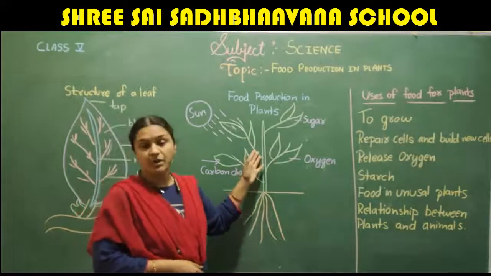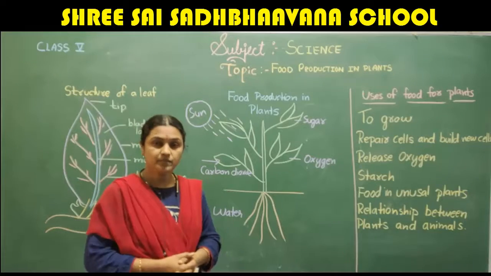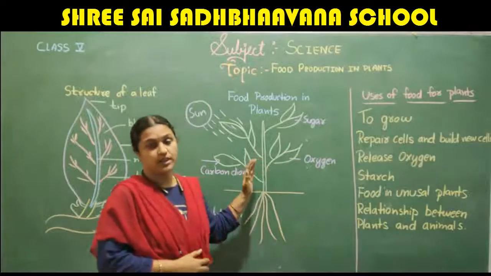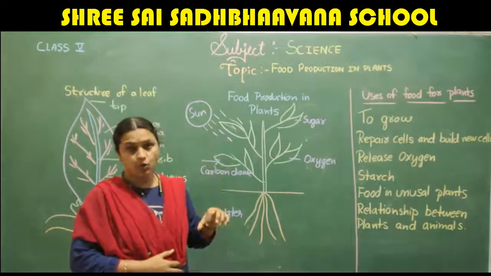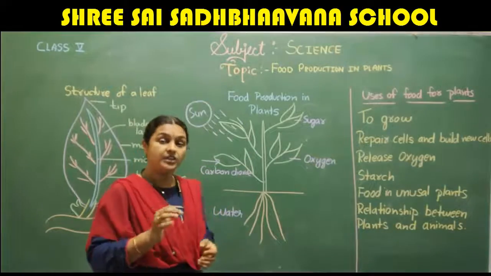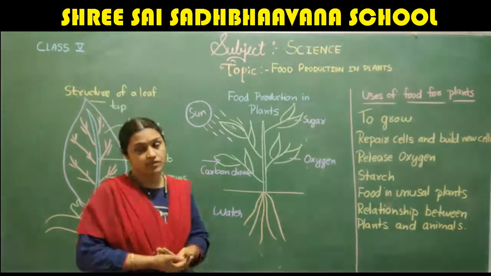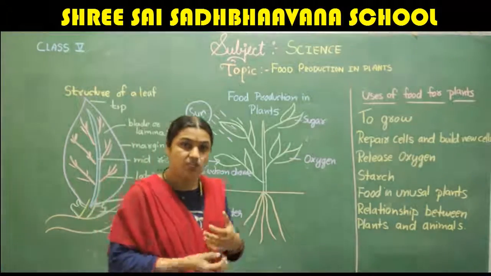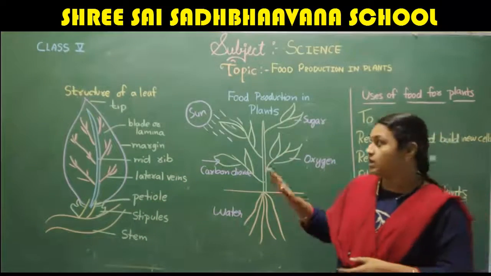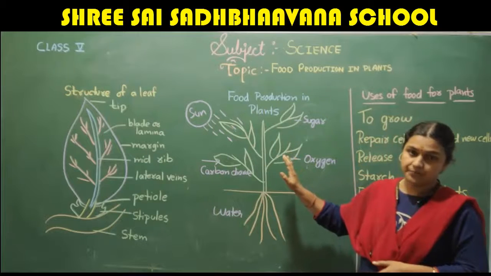But do you think our plant has a refrigerator to store the food? No. So what happens? The remaining food that is left over will start accumulating in the form of starch. So starch is the remaining food that is left over after the food has been consumed by the plant.